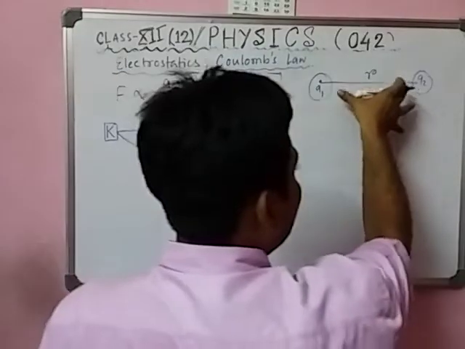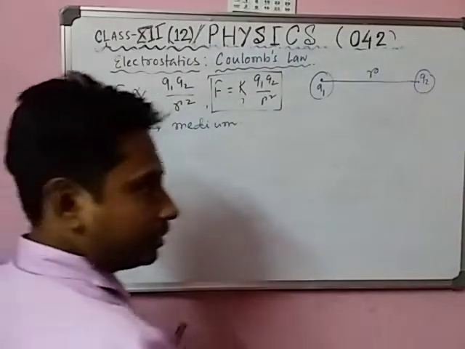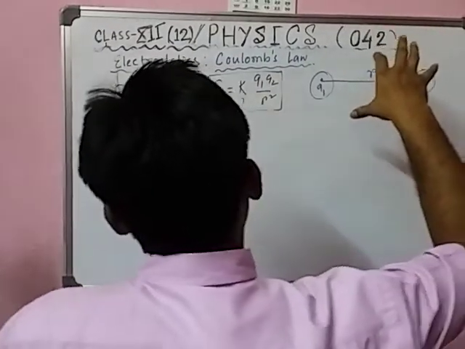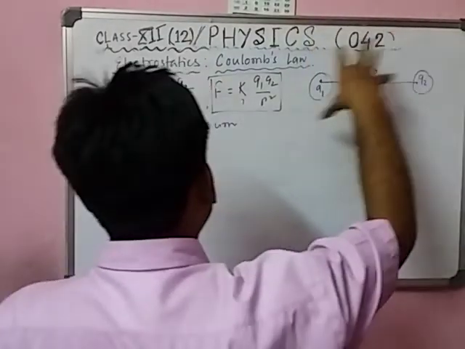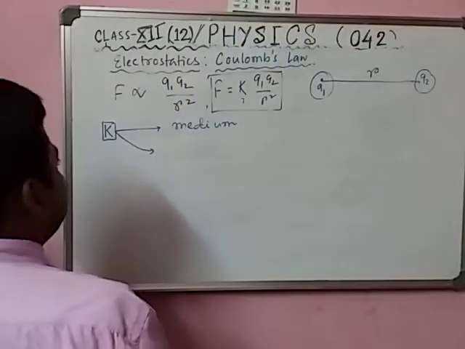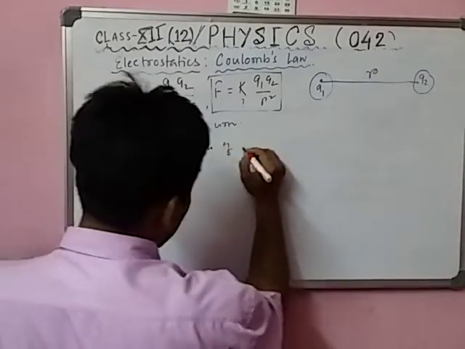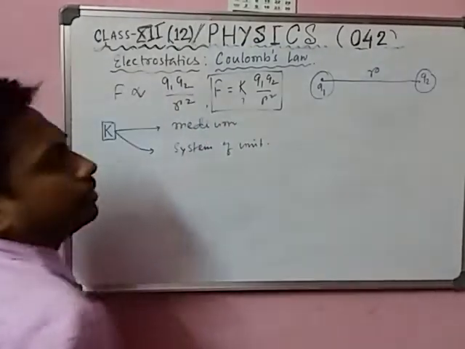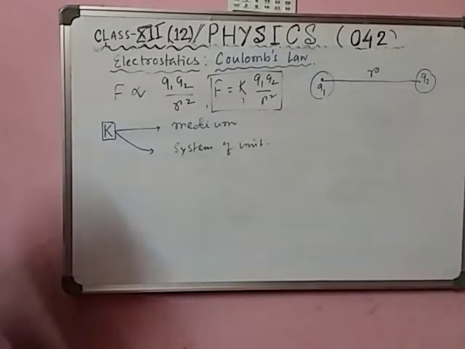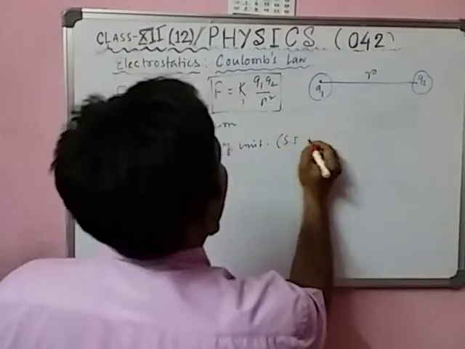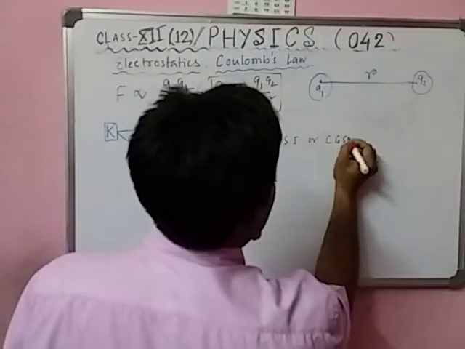Medium means the medium in which the two charges are situated. And K also depends on the system of unit, whether it is SI or CGS.